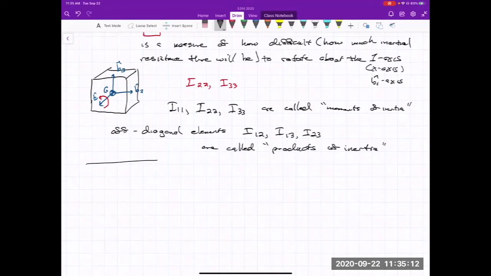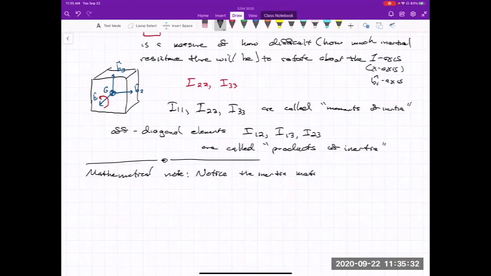In fact, maybe we should make a note of that. I'm going to do some mathematical notes now. This is just noticing something about the matrix, which I'll sometimes call the inertia matrix or moment of inertia matrix. It is symmetric. So if you have the moment of inertia about any point Q, and you take its transpose, you get the same thing.